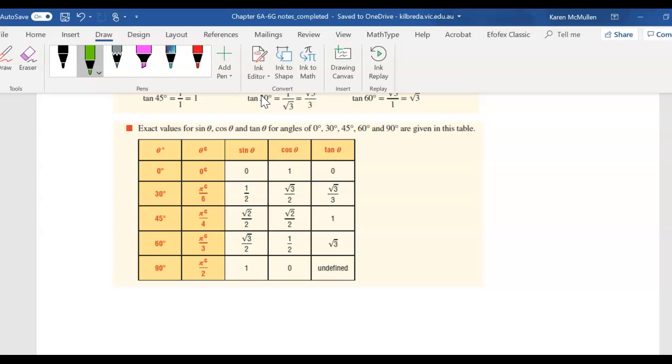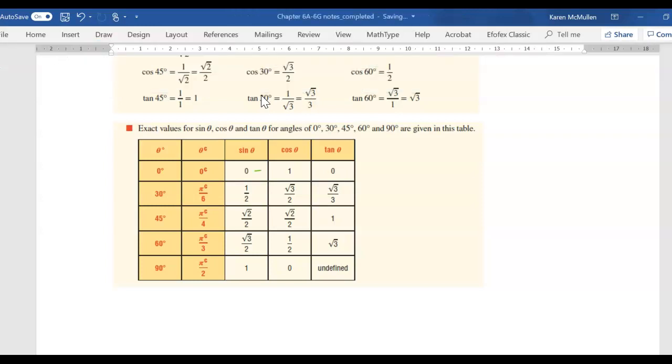For these values, you don't have to do it for all of them because you might remember 0 and 90, but we're going to do a fraction for all of them. So we're just going to draw the vinculum, the line for the fraction. On the numerator, we go 0, 1, 2, 3, 4.